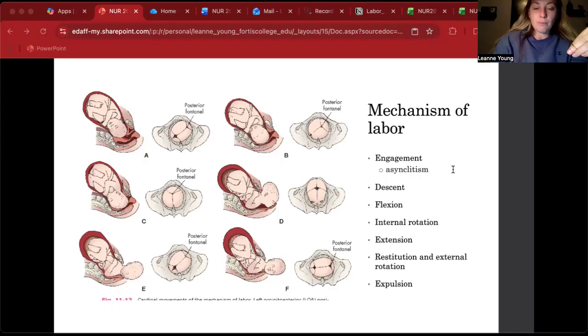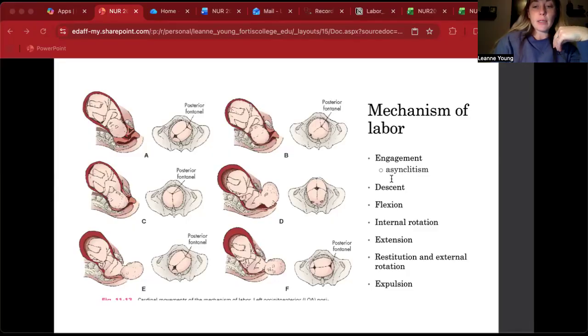The best way to measure fetal descent would be our station. How well is baby engaged in the pelvis? How far down is that presenting part? What is our descent? That is how we're going to be able to determine it, if we know our station.